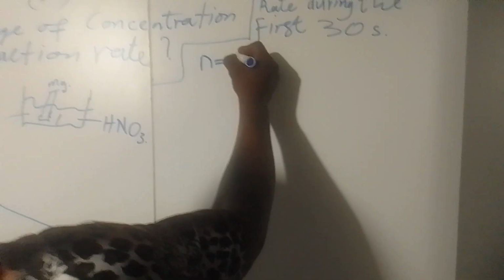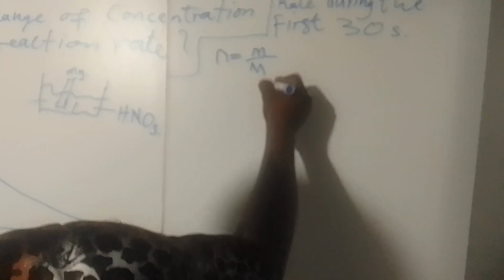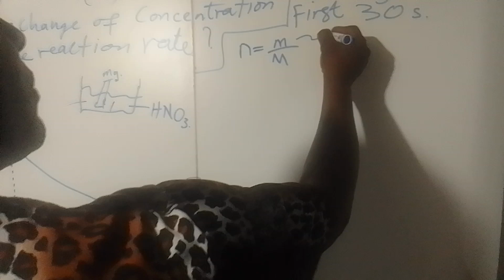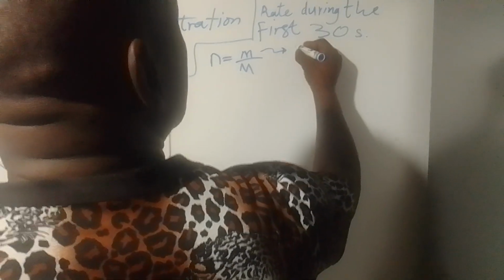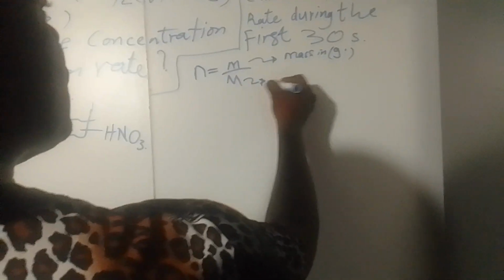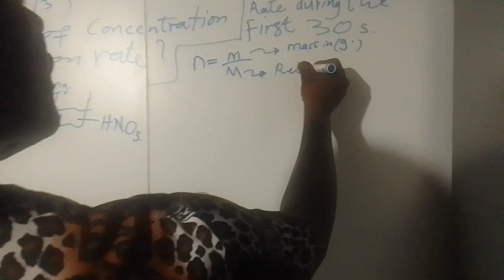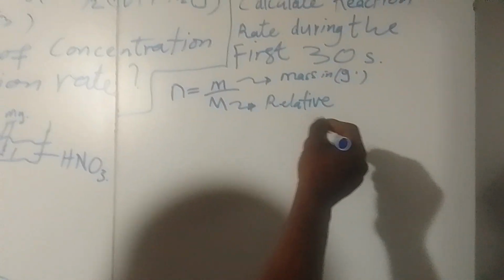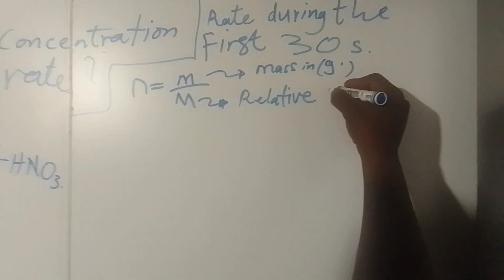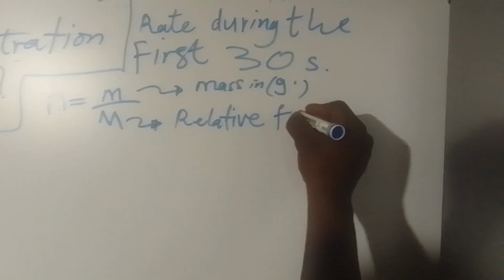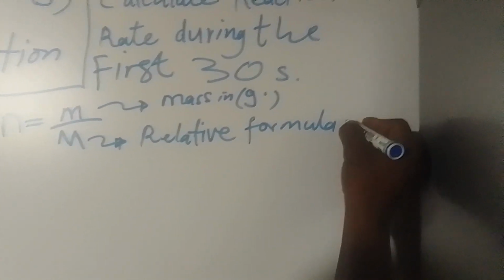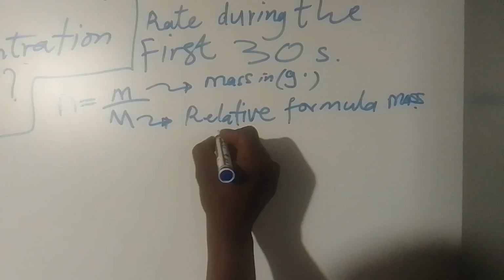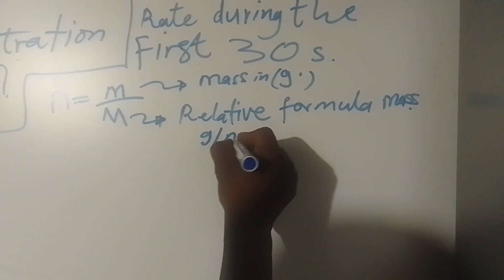We have the formula that says n equals m over M, where m is the mass in grams and M is the relative formula mass. It is in grams per mole.